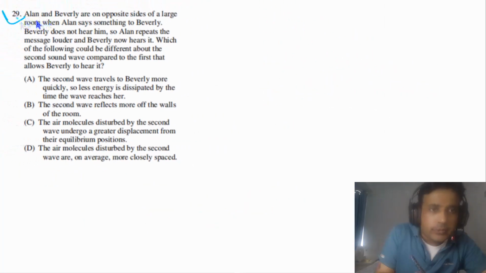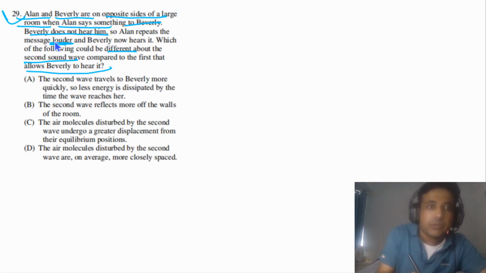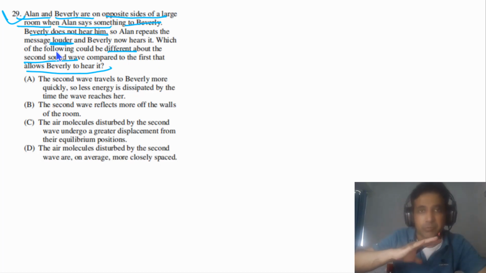Question 29 says Alan and his friend are on opposite sides of a large room. When Alan says something, his friend does not hear him. So Alan repeats the message louder. Louder is very important. And his friend now hears it. Which of the following could be different about the second sound wave compared to the first that allows his friend to hear it? So in this case, it is given to us the second sound is louder, medium is the same, so speed is the same.